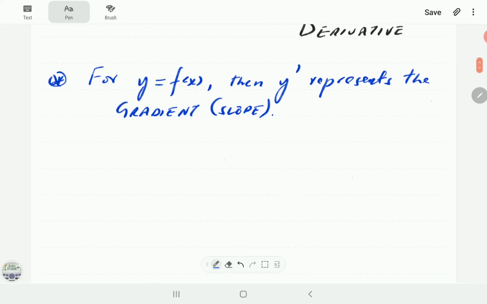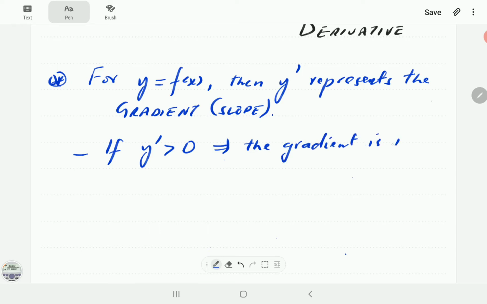Now, what does this mean? Well, this means that if the derivative is positive, so that means if the derivative is greater than 0, then the gradient of the graph of y is going to be positive. So this implies that the gradient is positive.